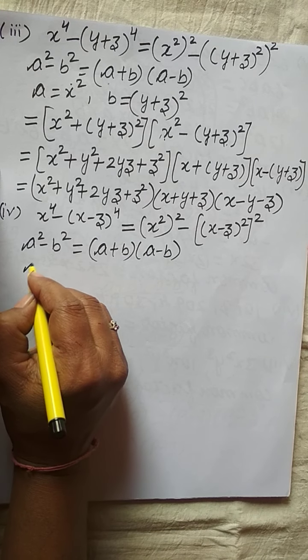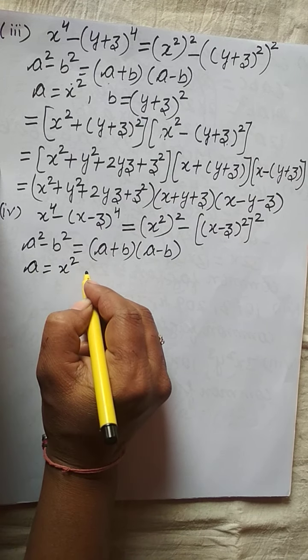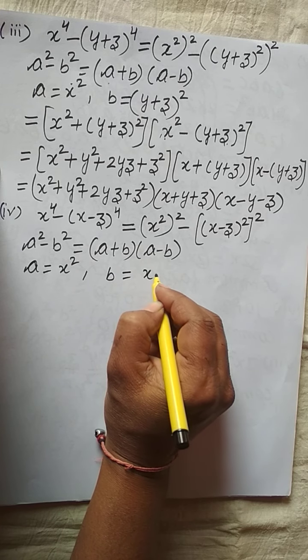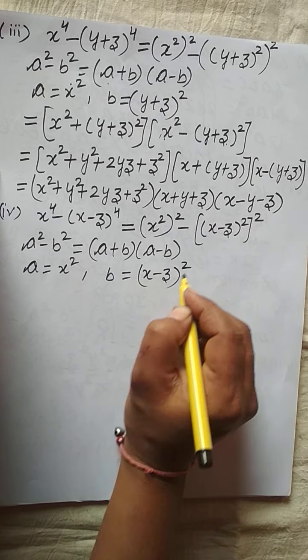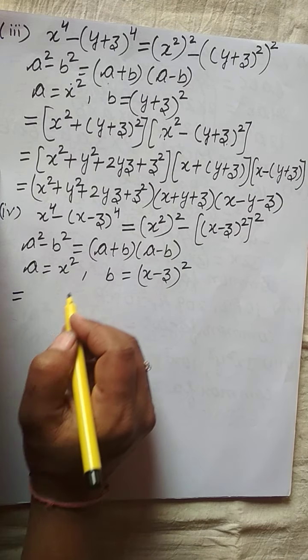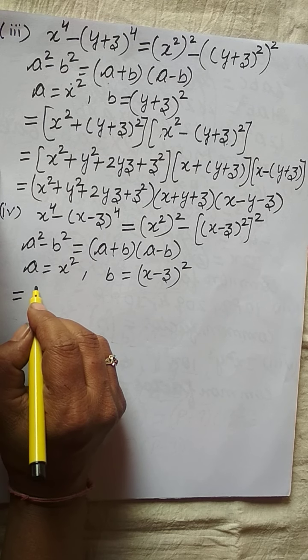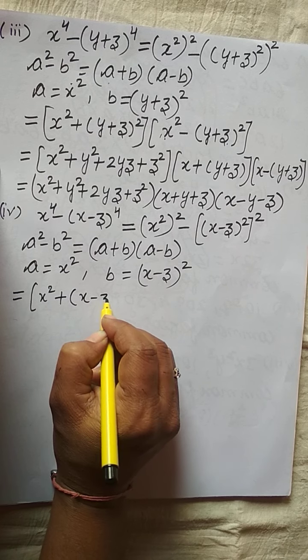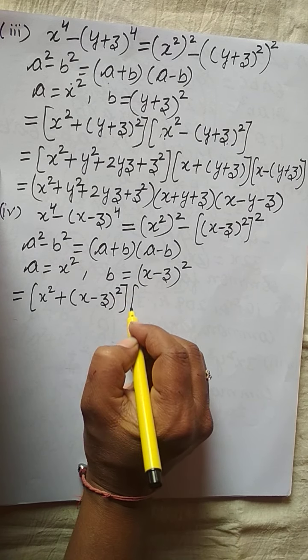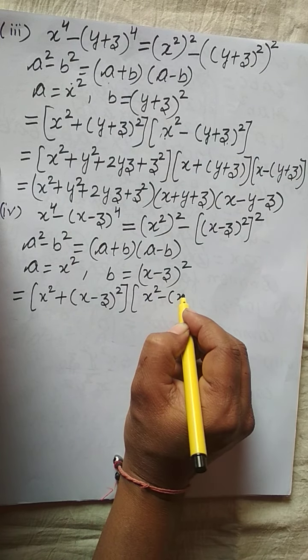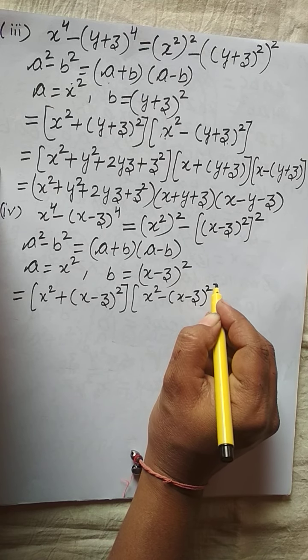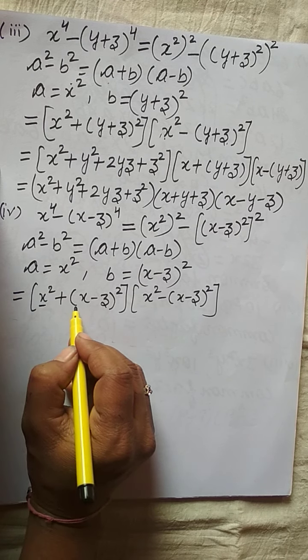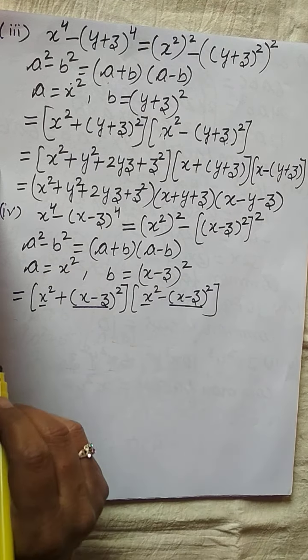Now a is x square and b is x minus z whole square. Substitute the values on the right side, that is x square plus x minus z whole square into x square minus x minus z whole square, that is a plus b into a minus b.